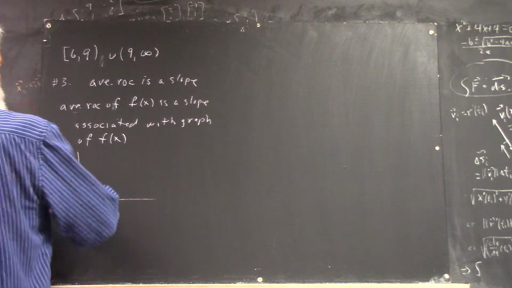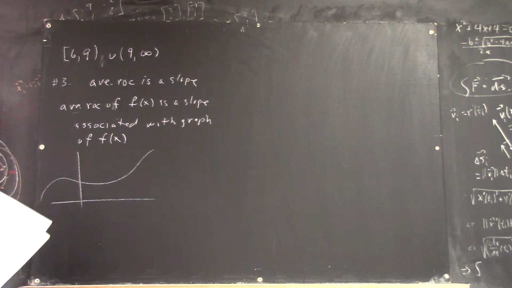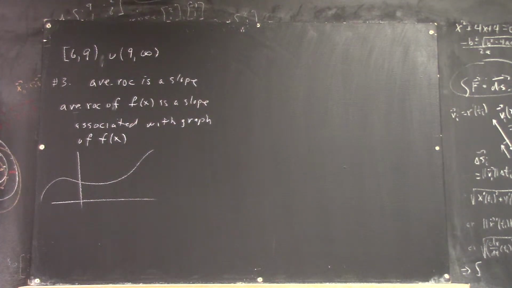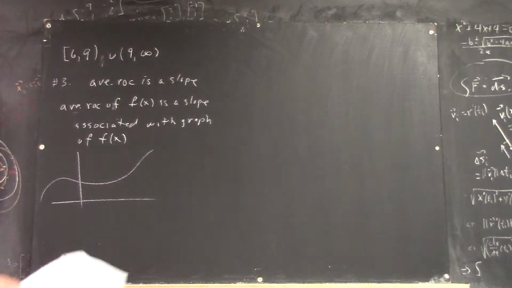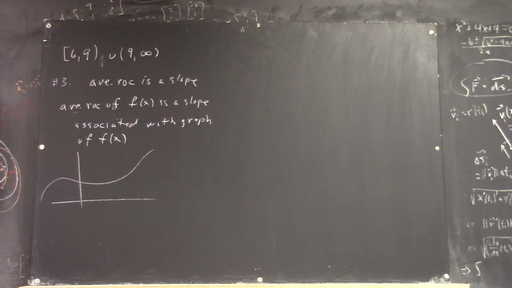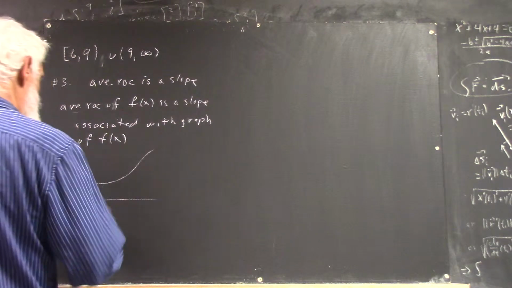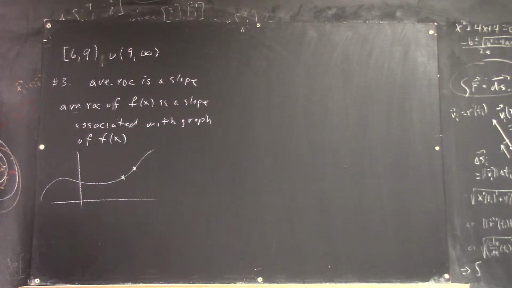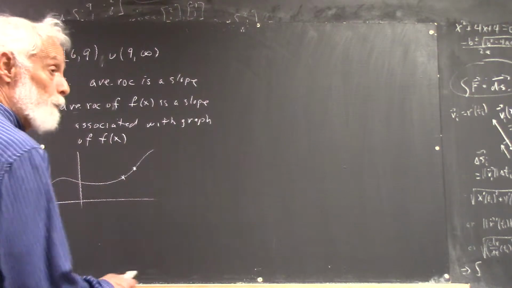Well, how do you do an average rate of change for a graph? Like 2 points. You got to have 2 points on the graph. We'll just say those 2 points, right? Fair enough? So the average rate of change is what?